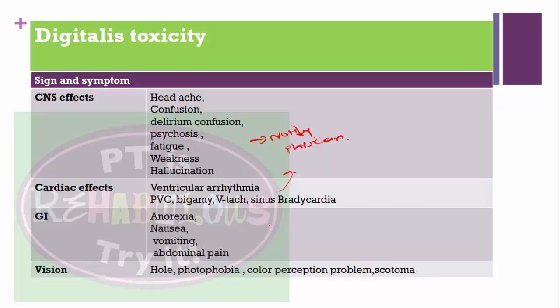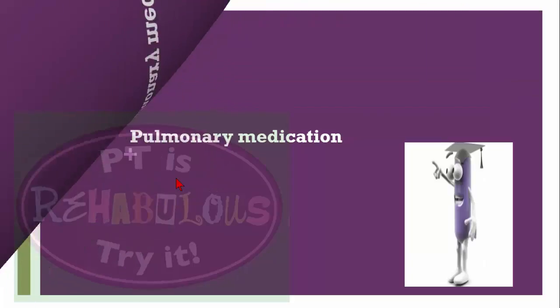The patient may have vision abnormalities, photophobia, color perception problems, scotoma or blind spots. So these are all about digitalis toxicity. As a physical therapist, we need to know about these signs and symptoms. They may appear during exercise, so it is our duty as a therapist to notify their physician.